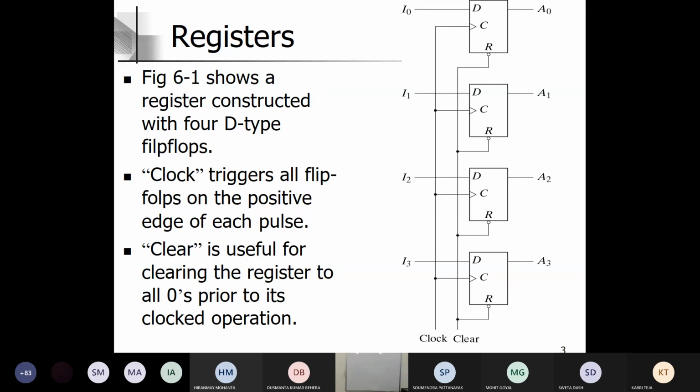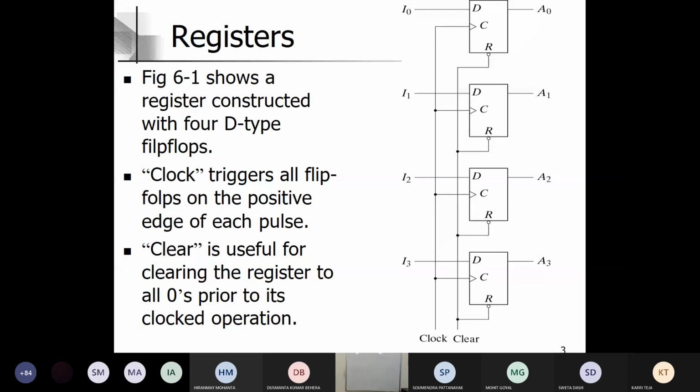So clear is a control input, just like your clock. Clock is acting as a trigger, and clear is another mandatory one which will clear the flip-flop. It's like flushing out all the old data. So at the start of the circuit, we can use clear. Otherwise, if you want to start a new event in the same circuit, we can use clear. Clear is nothing but your reset.